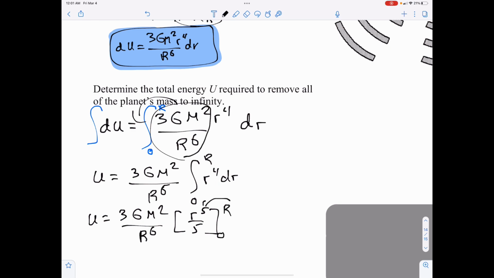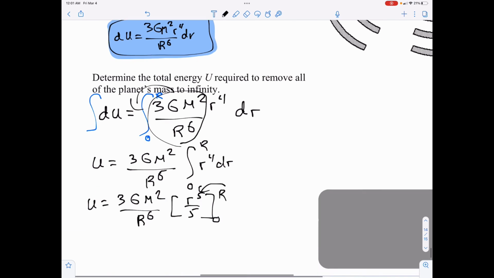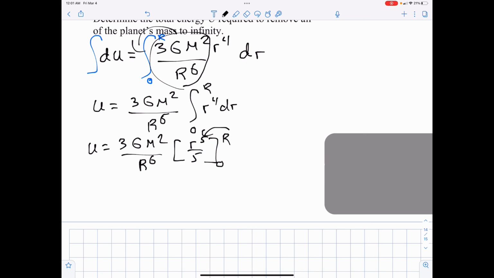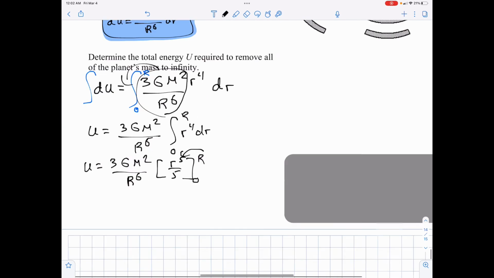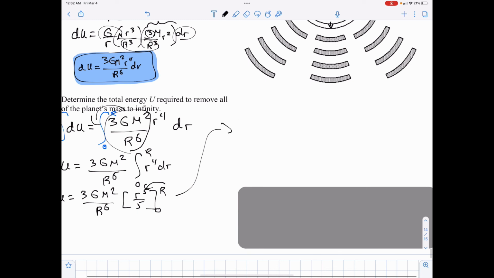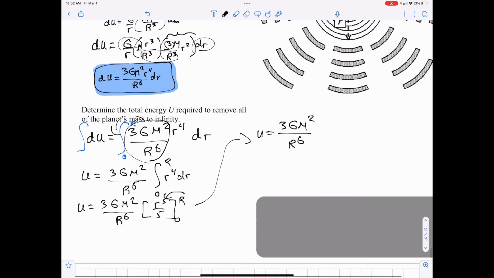Plug in the big R first. Well, you only need to plug in the big R because if you plug in 0, it cancels. And so plugging in the big R first, we get U is equal to 3 big G M squared over R to the sixth power times big R to the fifth power over 5.